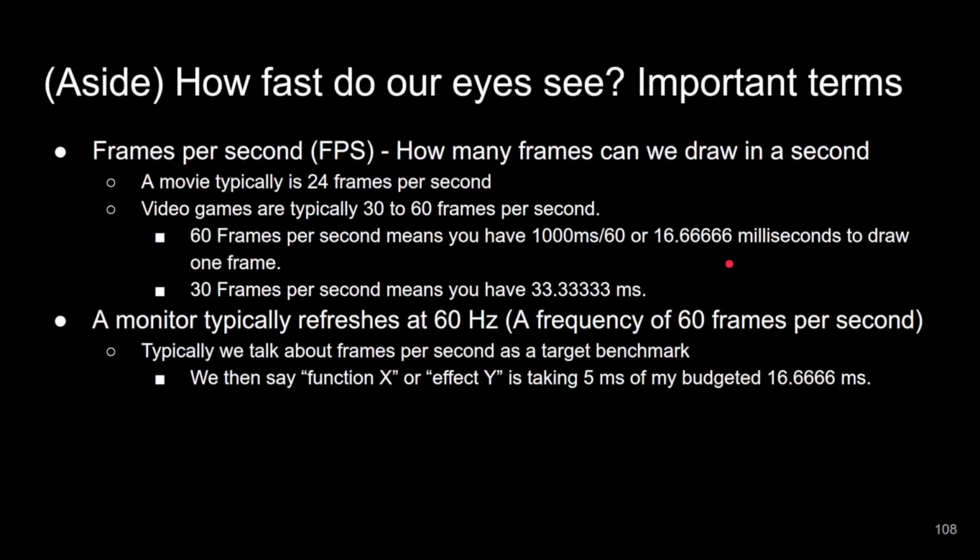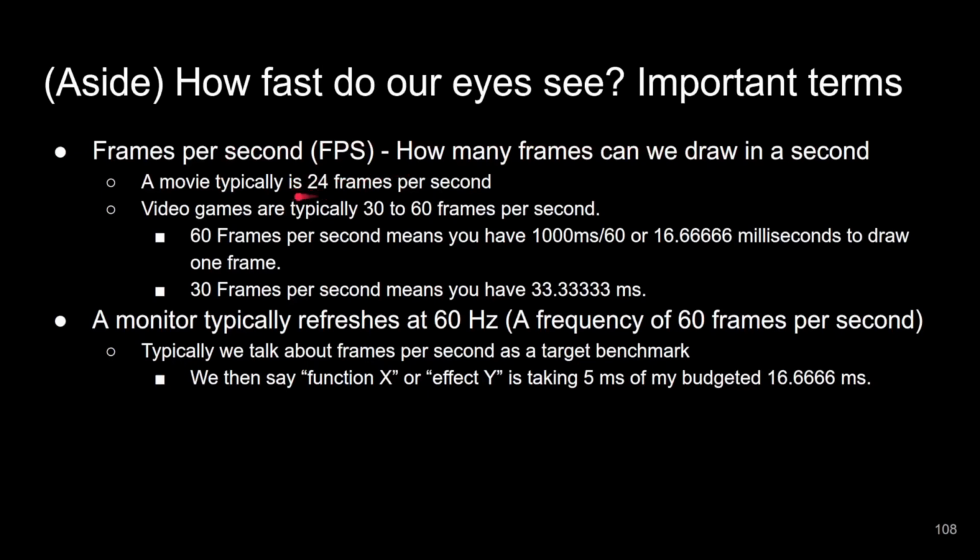Some other asides, just graphics things: how fast do we see in our cameras? Frames per second is our metric. How many frames can we draw in a second? That's how many times we can fill our frame buffer. 24 is typical for a movie historically.